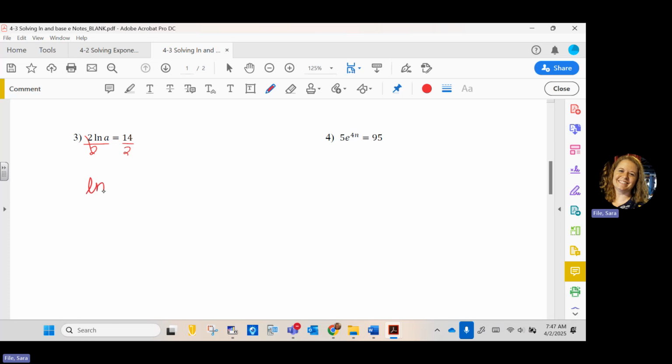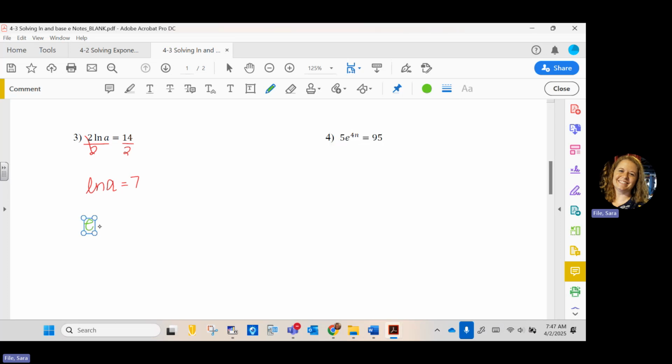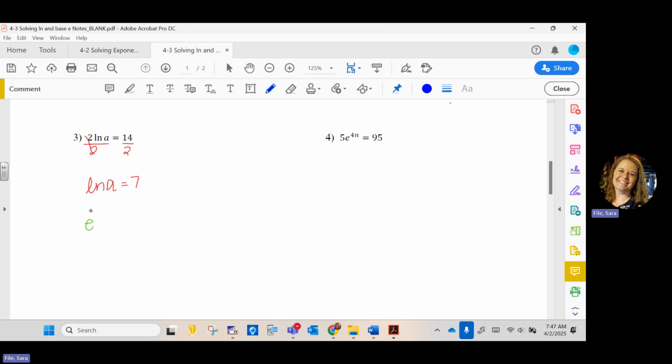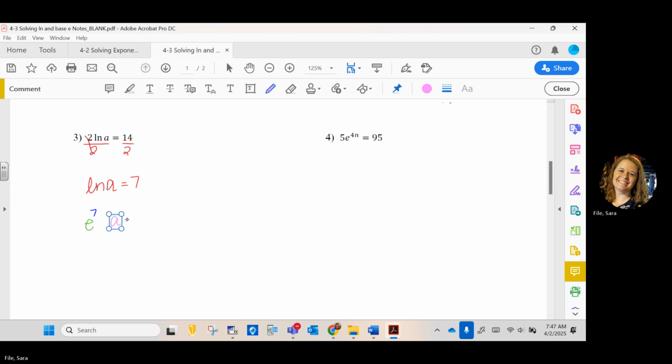So I have the natural log of A equals 7. So this will convert. My base is an e because it's a natural log. And then it is going to be to the power of 7. And then it will equal A.